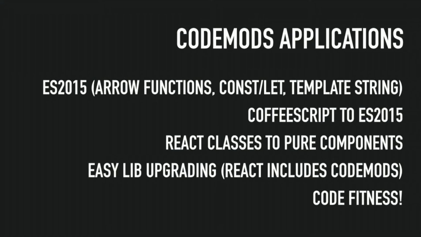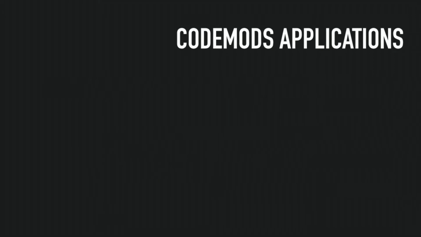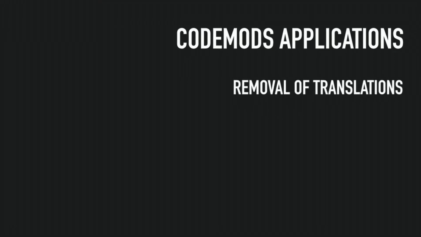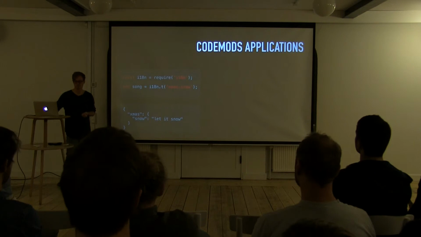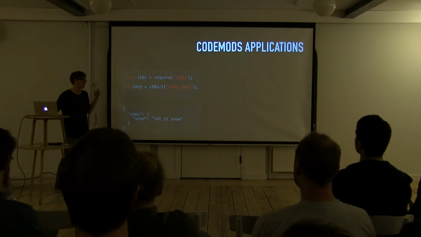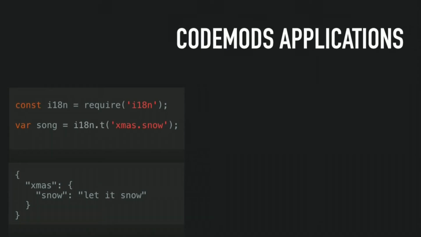And in general, just code fitness, right? Making sure that your code is strong and fresh. One example that I know Matthew here did at one point was removal of translations. You might be familiar with a basic translation system where you have a key-based system.